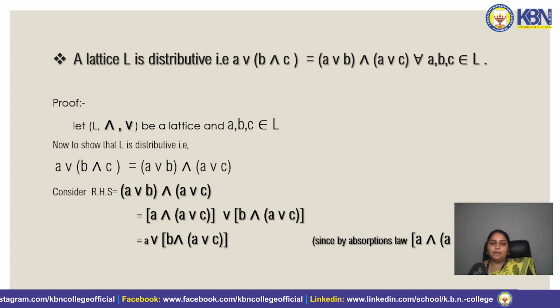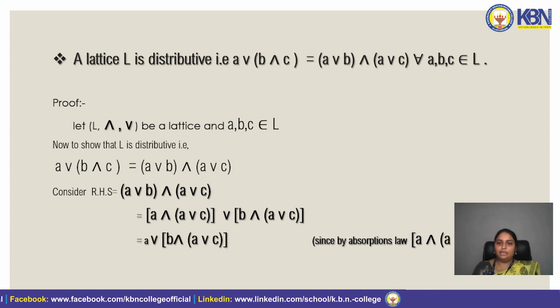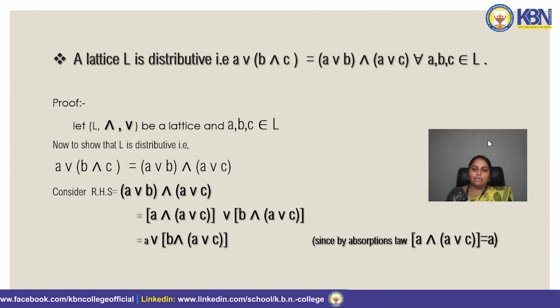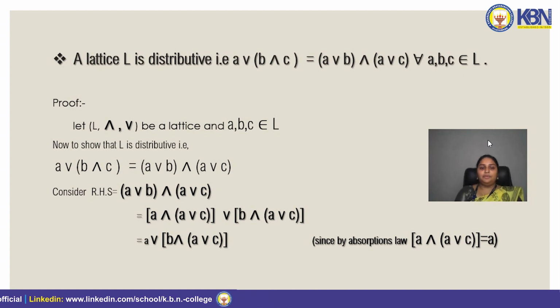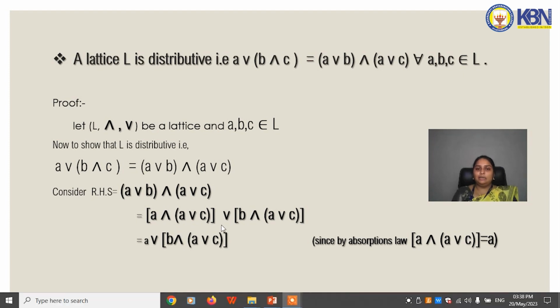By the absorption law we can write A meet (A join C) equal to A. That is, the first part becomes A and the second one is join (B meet (A join C)). So in the third step we get the result A join (B meet (A join C)). Here we use the absorption law since all these three elements are elements in L and L is a lattice.